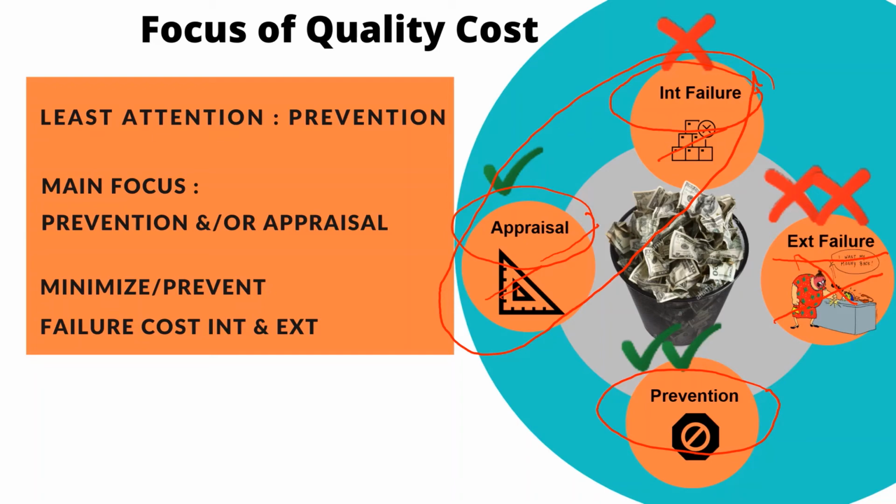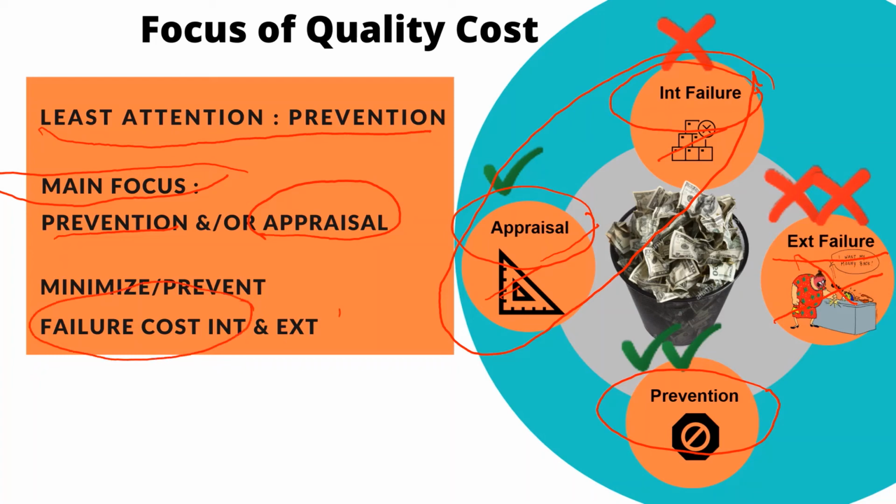So in summary, the least attention is given to prevention cost, when by right the main focus should be on prevention costs for most products, or appraisal costs for those products that are highly regulated or have a long life cycle, and both internal and external failure costs should be minimized or best prevented.